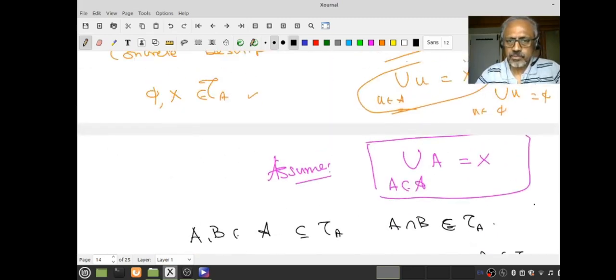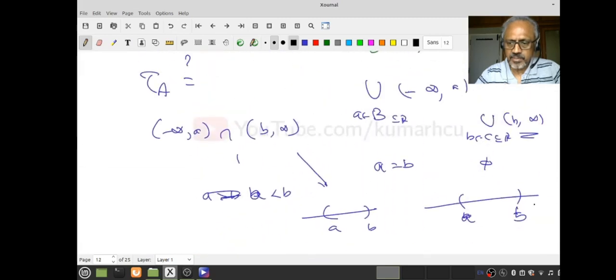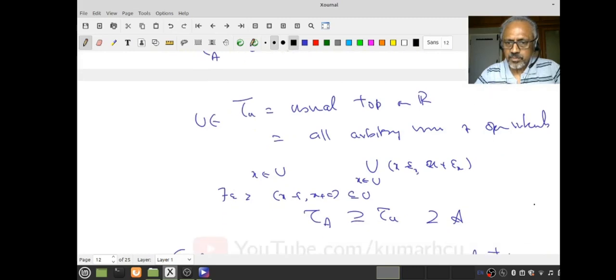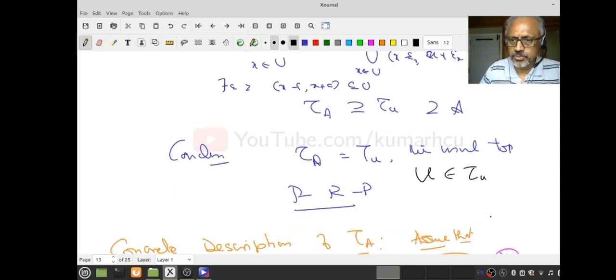Go back to what we did. For example, let's look at this case where I had a left trace and right trace. Suppose I take U open in the usual topology. For each X in U, what do I know?